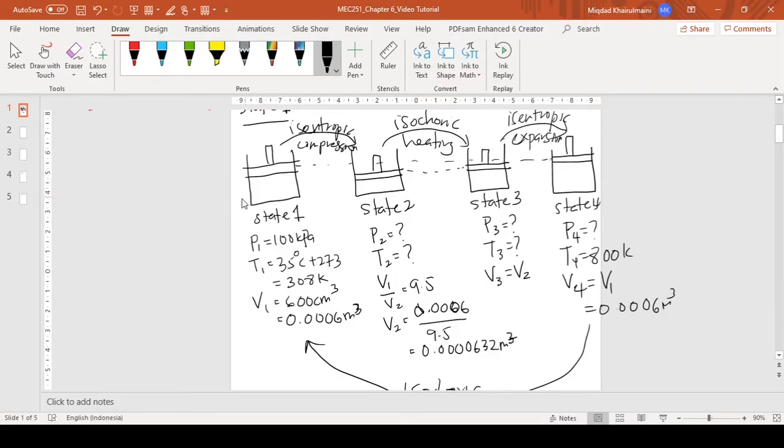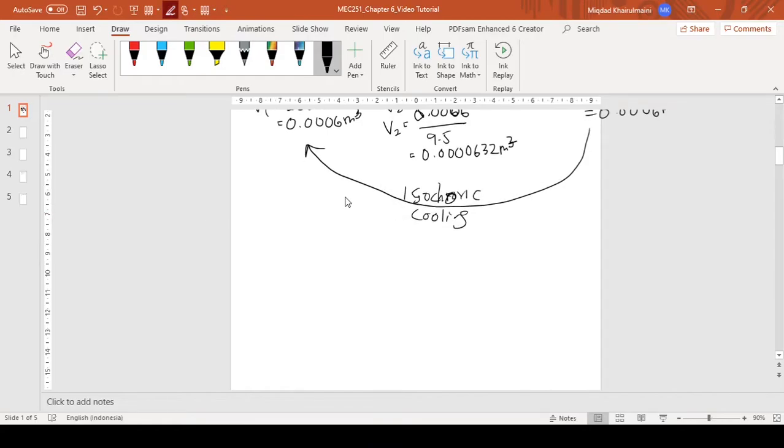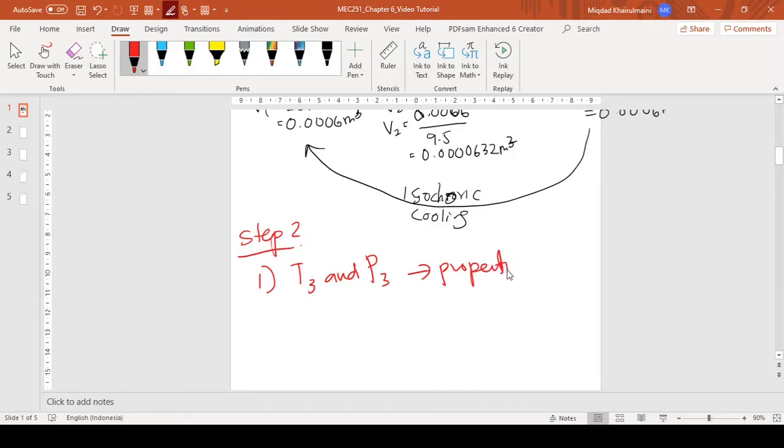So next will be the properties. Step number 2. For the first item, we have to find the temperature and pressure at state 3. So these are properties at state 3.